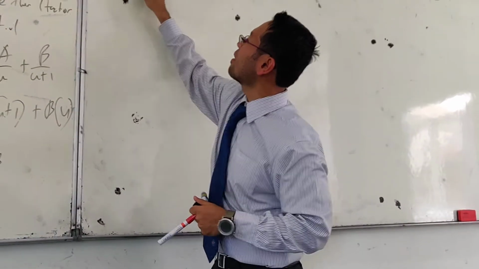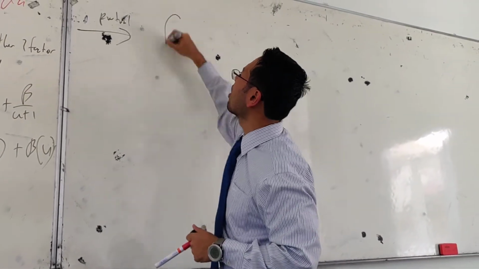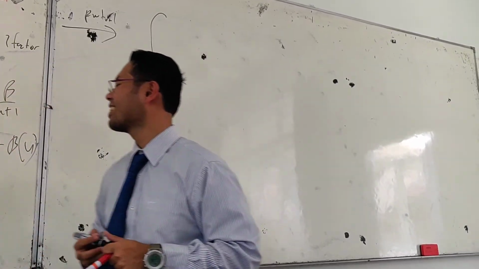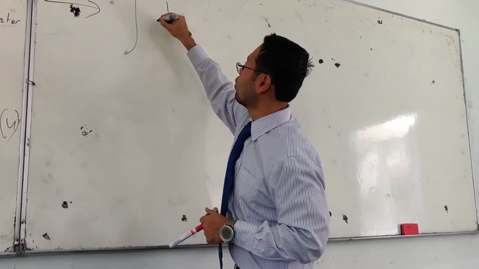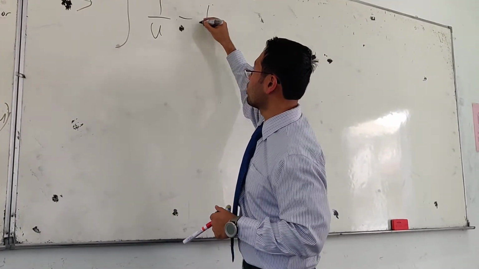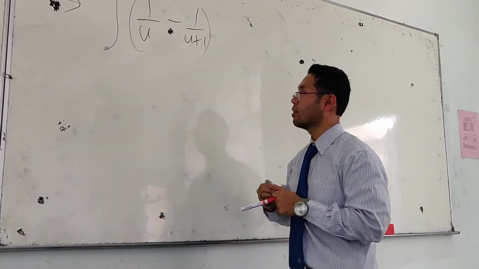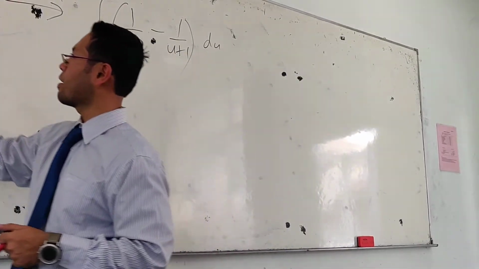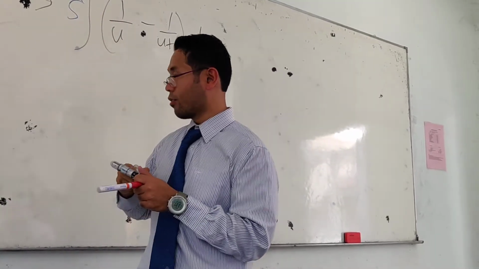So by doing partial fractions, we got ourselves now, hey, I missed my 5. The integral of 1 over u minus 1 over u plus 1 du. Don't miss this 5. Last time previously when I did this question I forgot about it. Don't be like me.